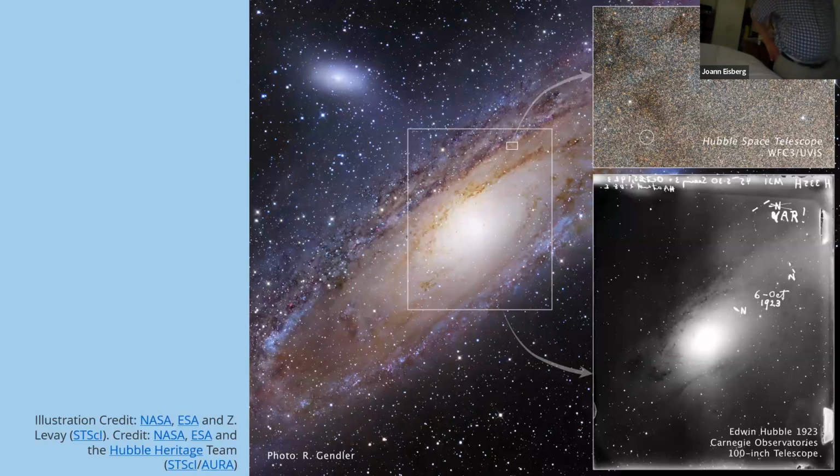Real quick question on this. It looks as though the star that is in the circle in the Hubble Space Telescope image, is that the same as the variable star? That is Hubble's Cepheid in Andromeda. Yeah, it's kind of amazing.